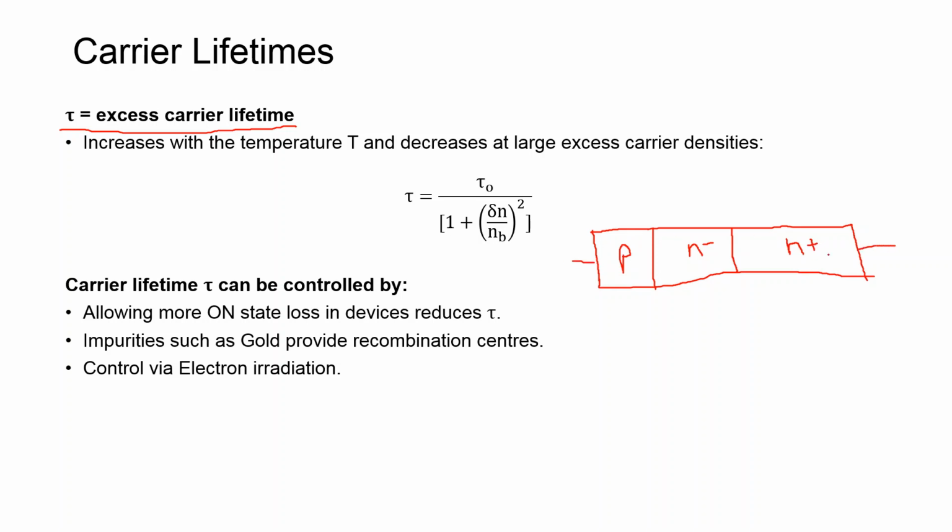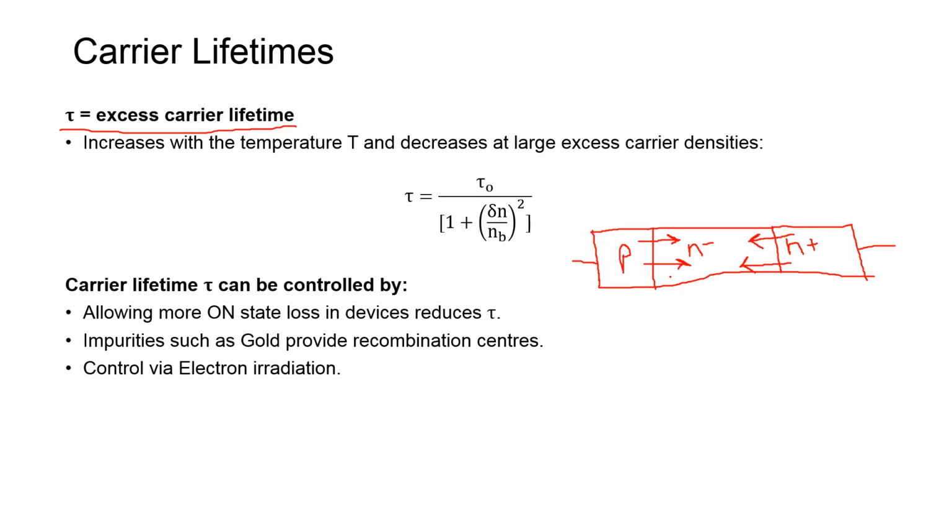So what happens in a power diode, when the power diode is turned on, this section will be longer. Now when this power diode is turned on, a large number of holes are injected into the drift region, and a large number of electrons are injected from the right hand side in the drift region.